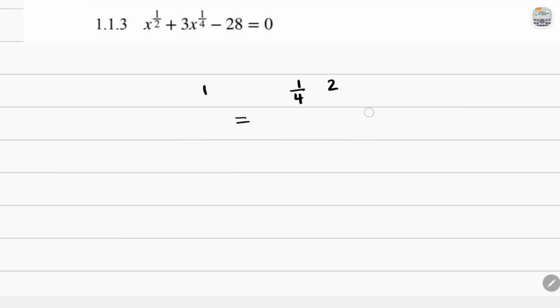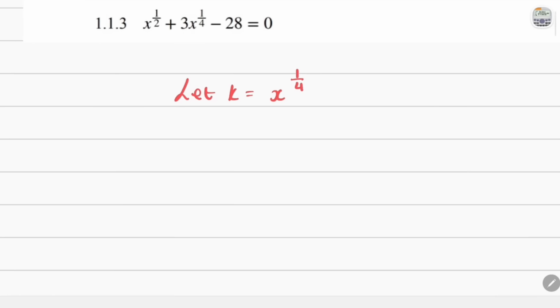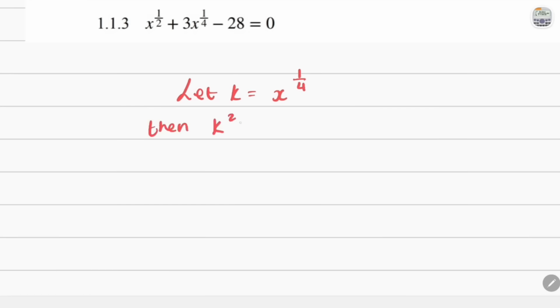To make this simpler, let k equal x to the power of 1 over 4. Then k squared is x to the power of 1 over 2, because 1 over 4 all squared, and you see that those exponents multiply: 2 over 4 is 1 over 2.